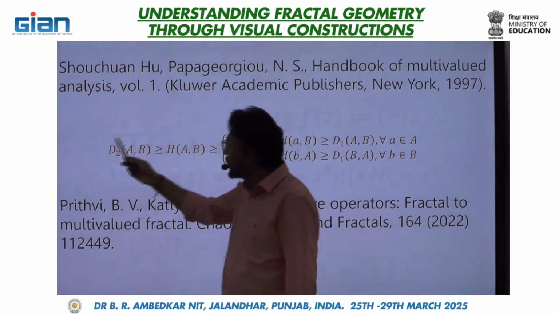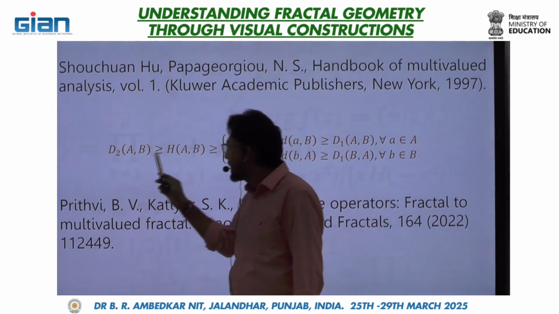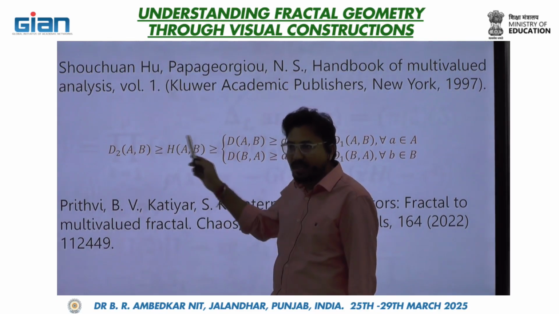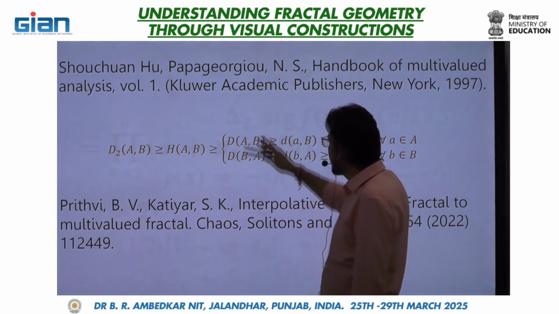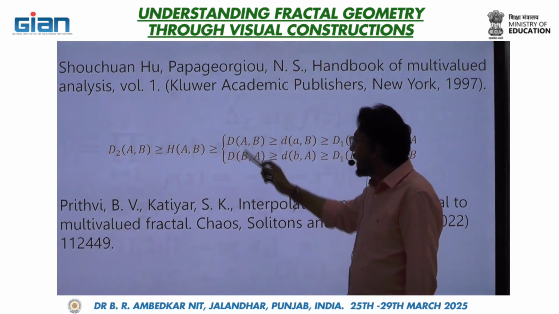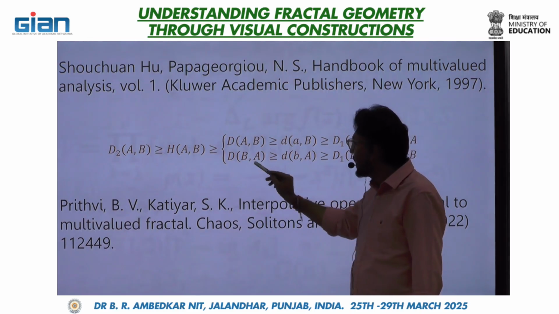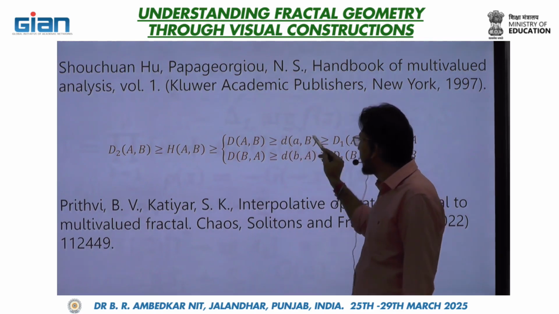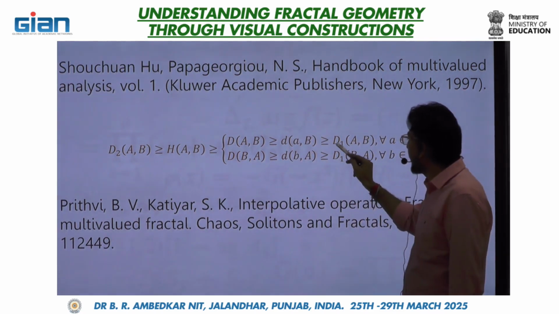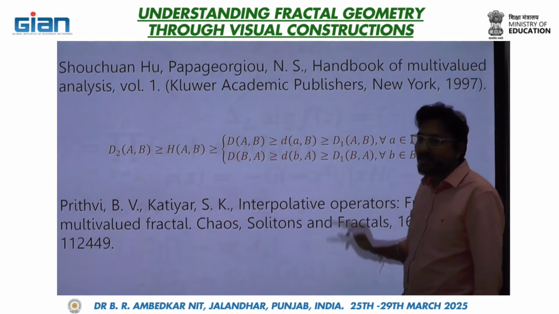We found that d2 of A comma B is always greater than or equal to h of A comma B, and h of A comma B is the maximum of d of A comma B and d of B comma A, which will be greater than or equal to d of A comma B, and this will be greater than or equal to d1 of A comma B.